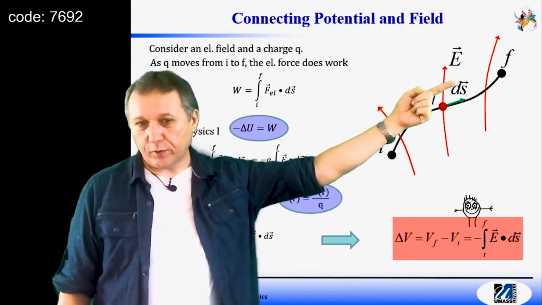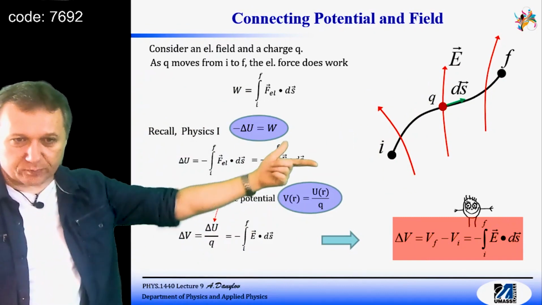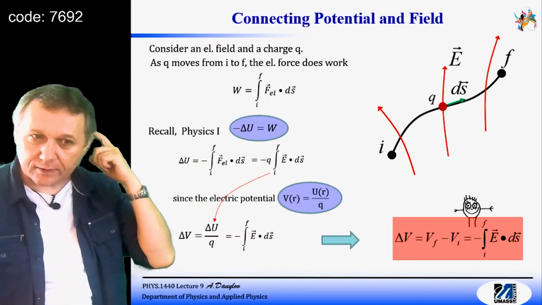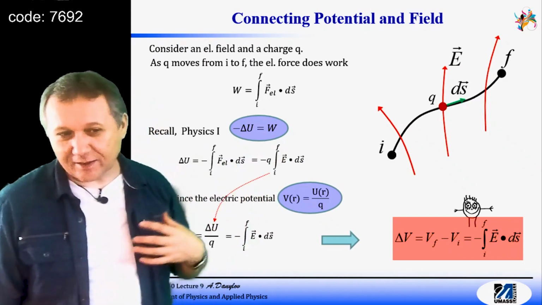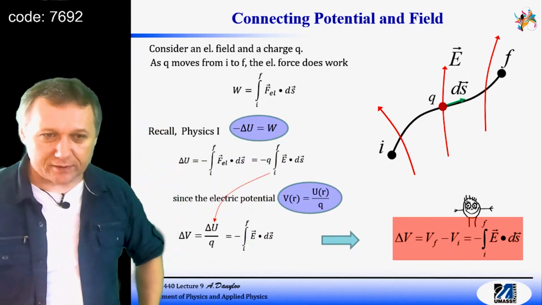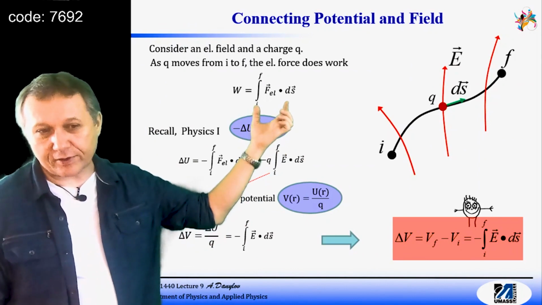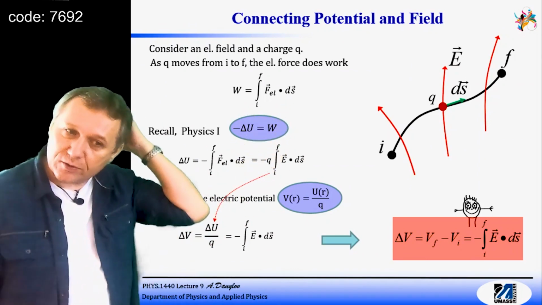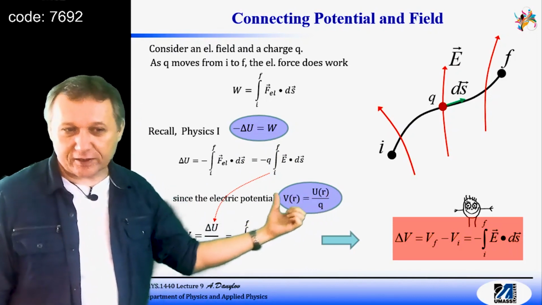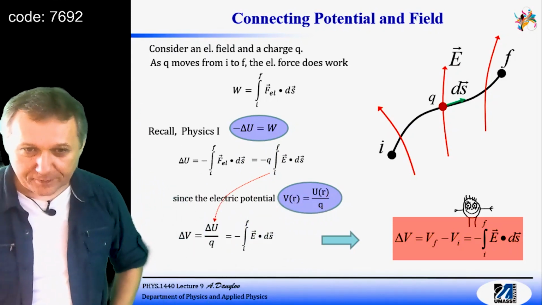So that point is at potential V final, this point is at potential V initial, right? So basically, as I said, 2.5 steps of derivation, but at the same time, we have refreshed the idea of work, this expression, and the relationship between the electric potential energy and the electric potential.